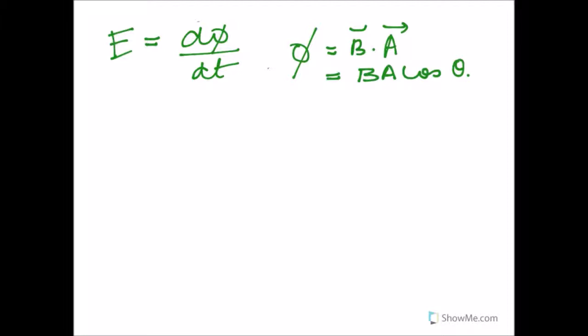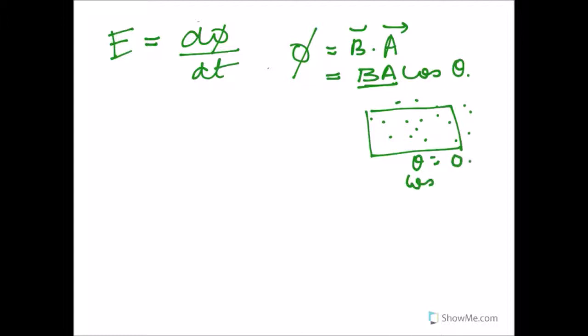In this case, the magnetic field is perpendicular to the coil, and the area vector is also perpendicular to the coil. That shows that between B and A, theta is equal to 0, hence cos theta is equal to 1. So flux can be written as B into A.